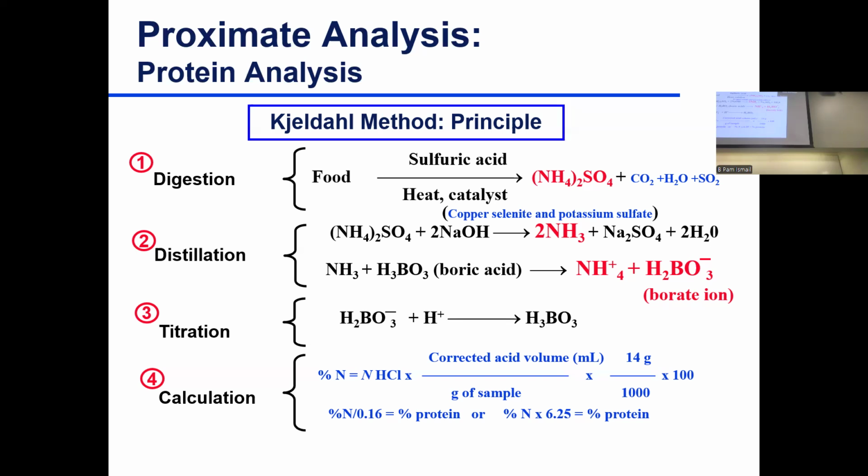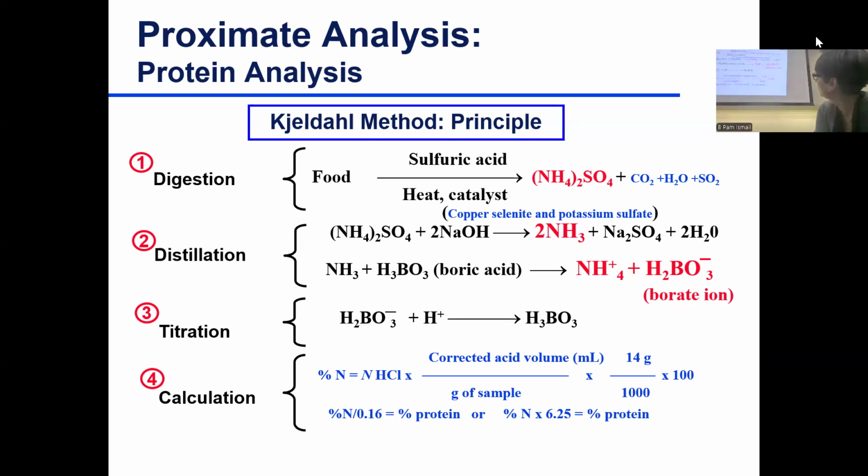Why is it important to increase the boiling point of sulfuric acid? Because then we can digest at higher temperature and not lose the acid during the digestion. So the catalysts speed up the reaction, by definition, they're catalysts. So they speed up the reaction and prevent the sulfuric acid from evaporating too fast by increasing the boiling point.